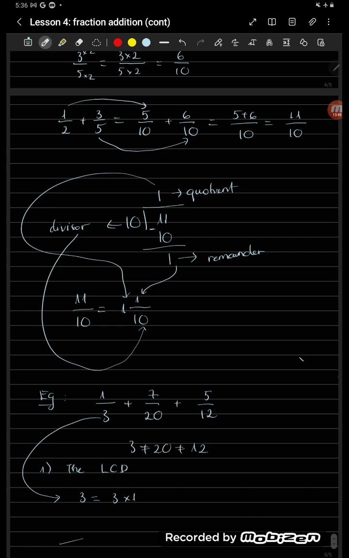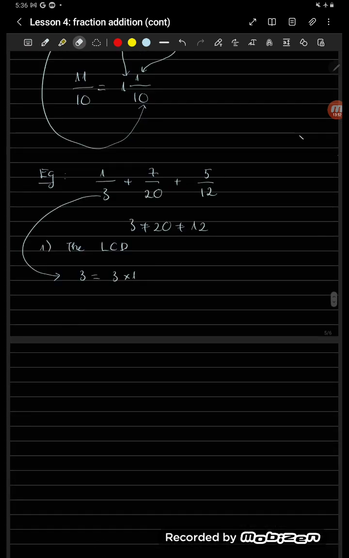Okay, so now we go with 20. So how can we write 20 as a product of prime numbers? We use the tree method. So for 20, we check what prime numbers 20 can be divided by. 20 can be divided by 2, and if it is divided by 2, then the result is 10, right?